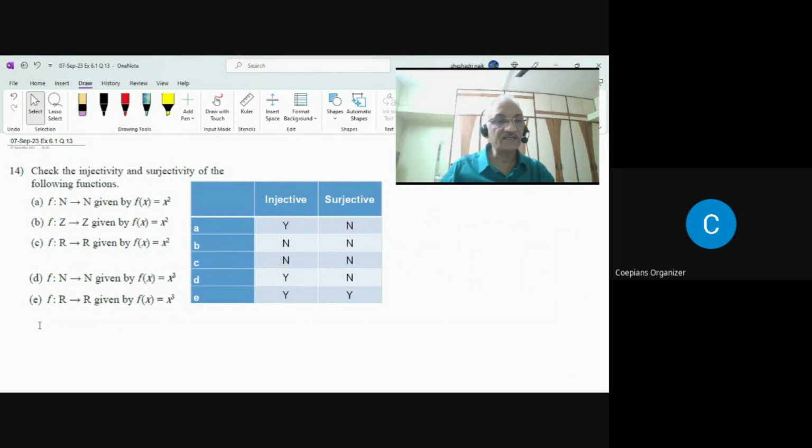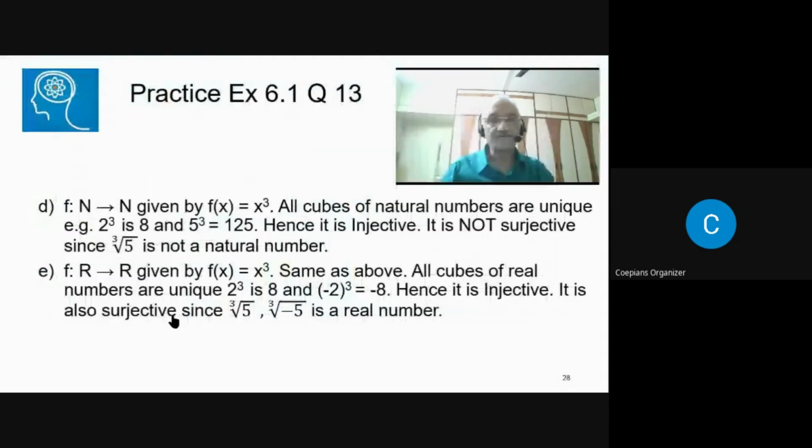Let's look at the last one, real to real, f of x is equal to x cube. It will be injective because the cubes of all real numbers are unique. Like 2 cube is 8, minus 2 cube is minus 8. So these are unique numbers. Hence this particular function is injective.